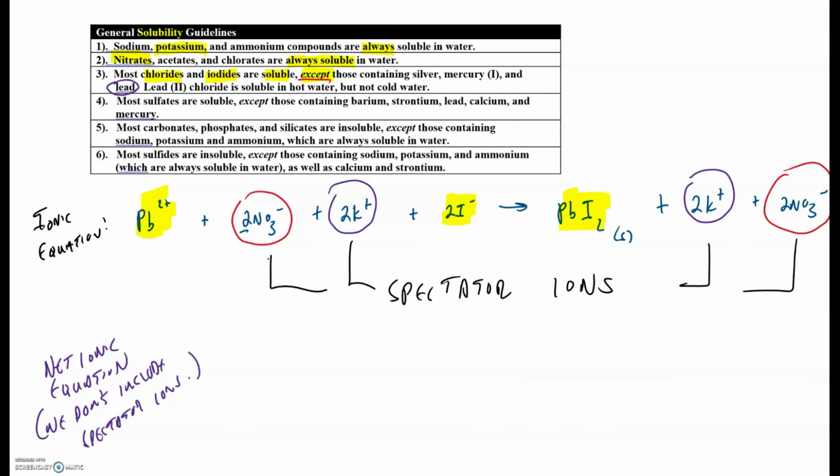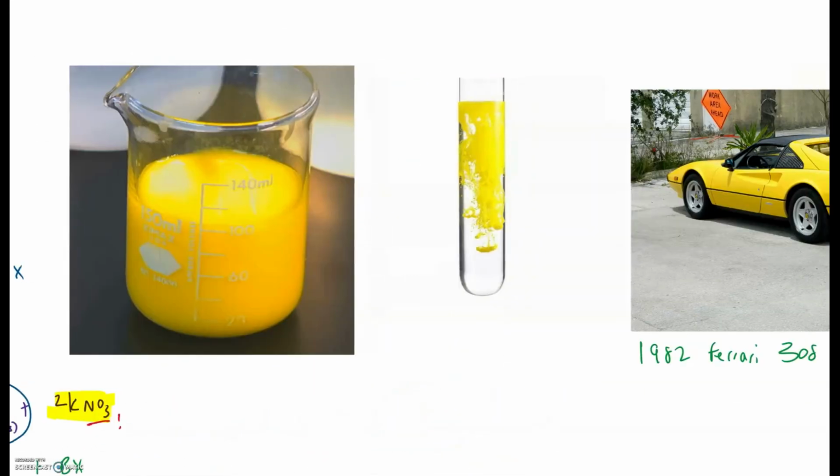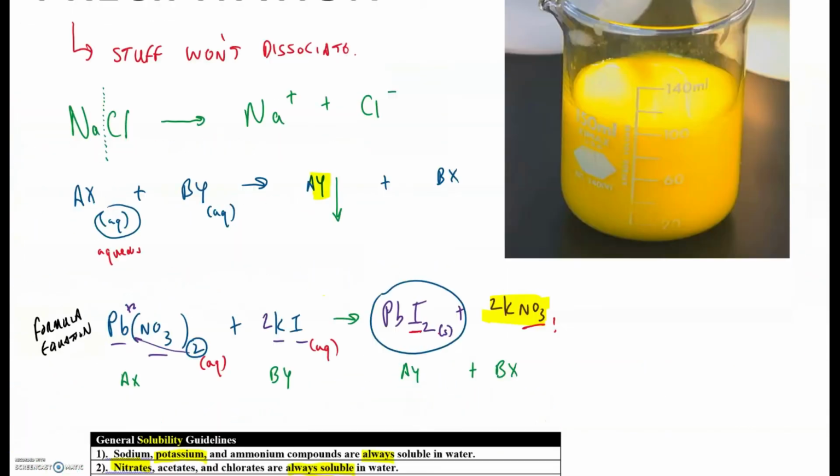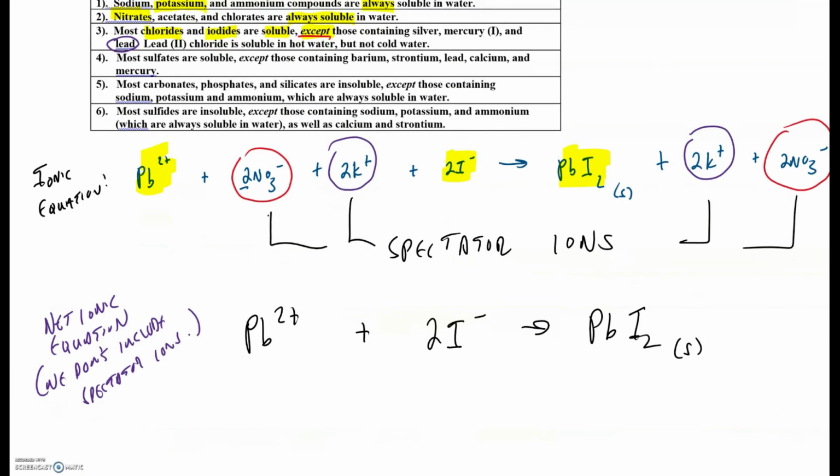So, not including the spectator ions makes it a lot easier. What's involved? Lead and 2 iodines, and what do they make? Lead iodide, which is a bright yellow precipitate, like that, like that. Oh, baby. Okay, let me put together a couple other precipitation reactions that are pretty neat.